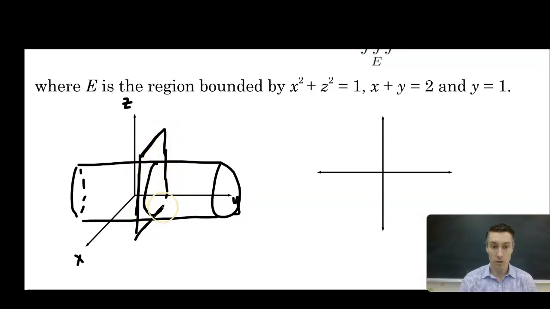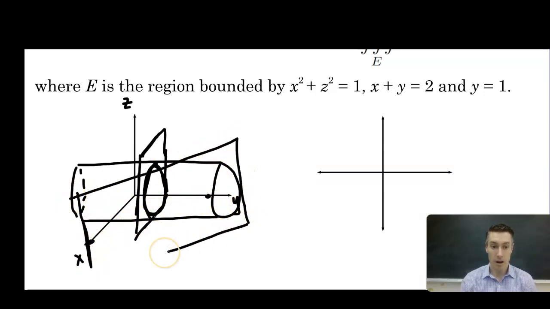So that's going to start us off in a circle. And then x plus y equals 2, so 2, 2. So we have another plane that's going to cut the cylinder on a diagonal. So something like this. If I take a different color, I'll stick with blue the way I've been using it.